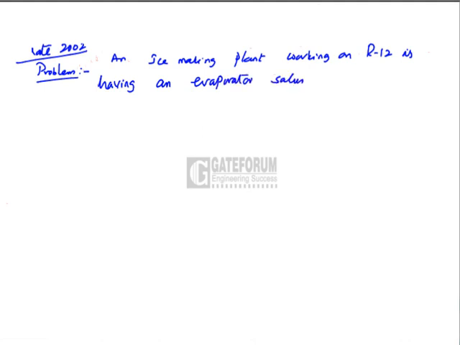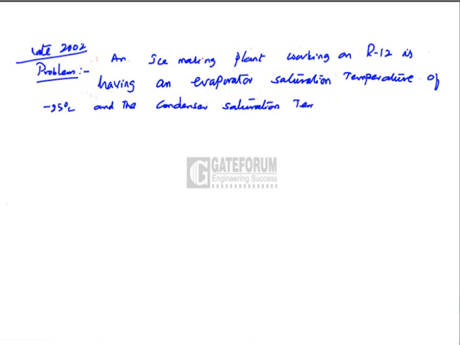The problem is given like this: an ice making plant working on R12 is having an evaporator saturation temperature of minus 25 degrees centigrade and a condenser saturation temperature of 35 degrees centigrade.